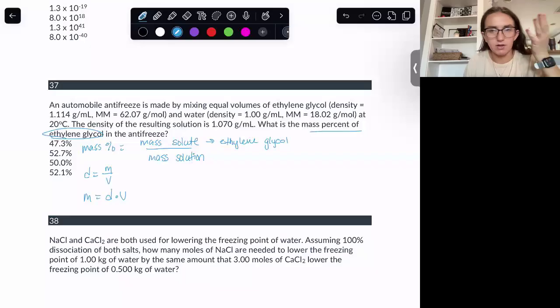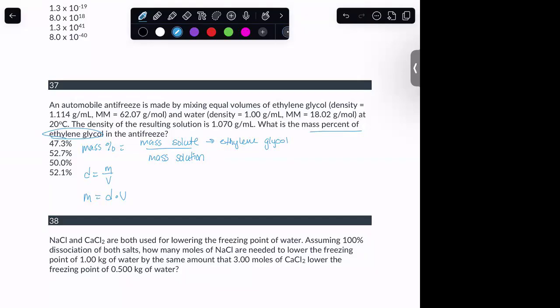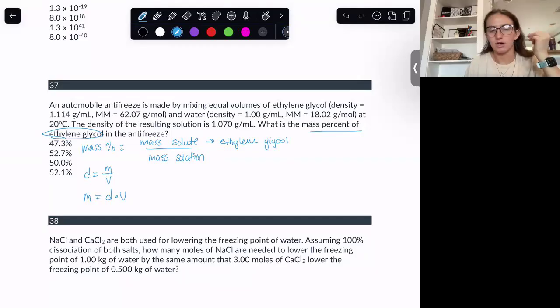We are not given a volume, but does that really matter in this case? No. Right, you can assume 1 liter if you wanted to, and that makes it easy from there. If you're not given a volume but you need it, just always assume 1 liter. That makes life kind of easy.